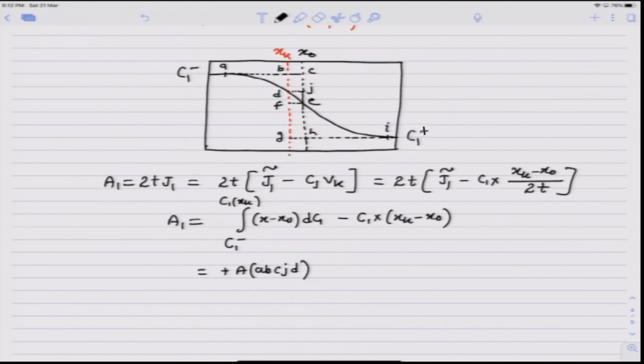Xk minus x naught is this length and C1 is this length, and so we have this as area, let's call this P and Q, PQGFD, and C1 is positive but xk minus x naught is negative, and so this has a negative sign.